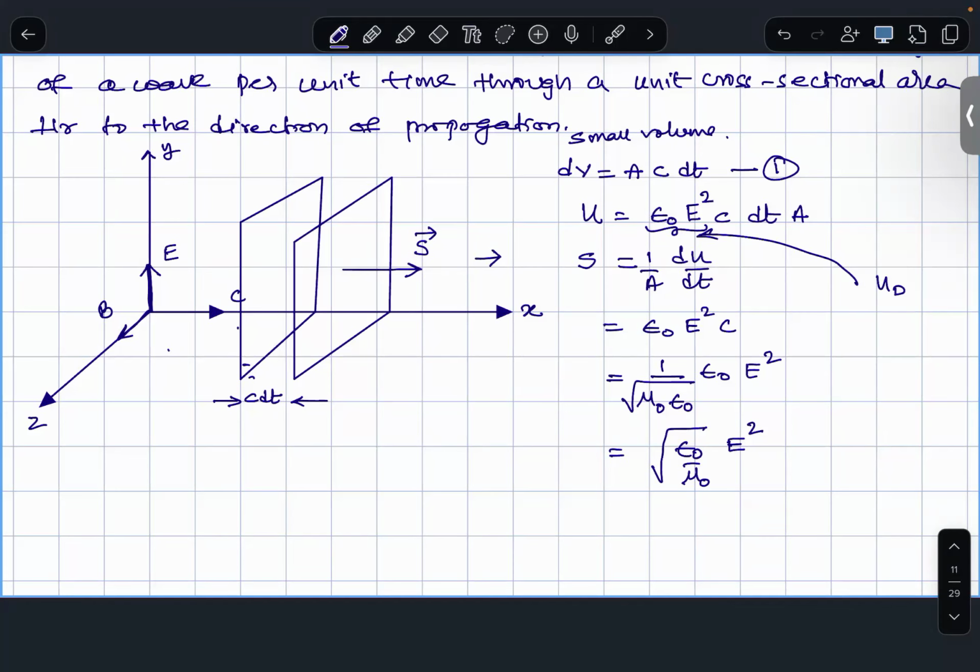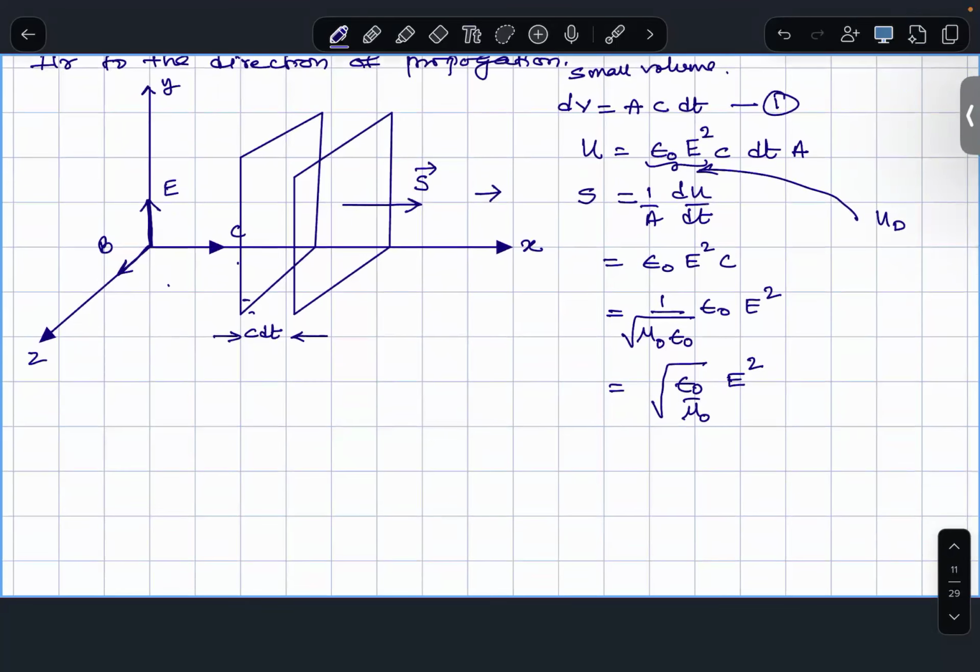Okay. Or you can write the same thing in a different way. S can further be written as epsilon naught E, and C can be written as E by B. Okay.